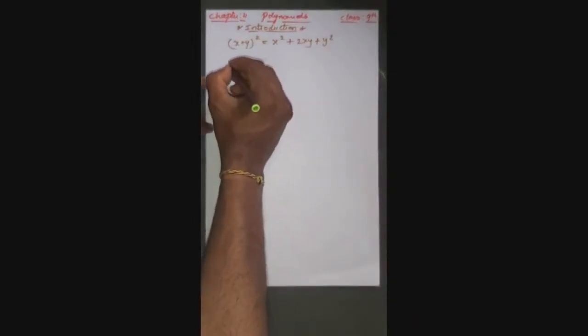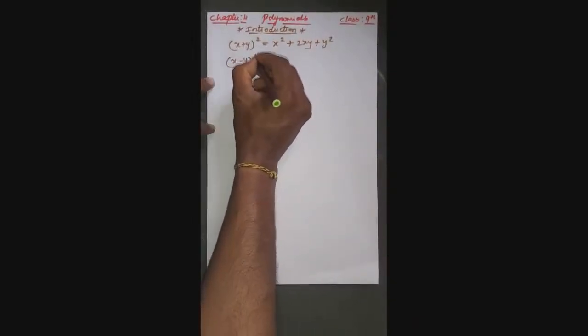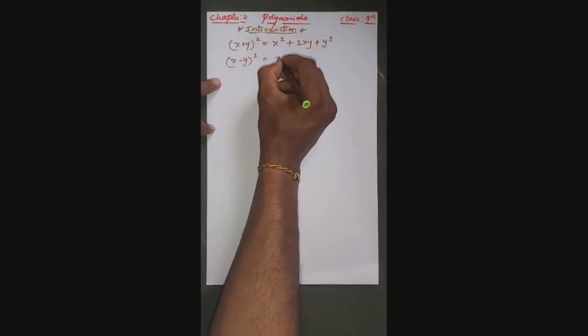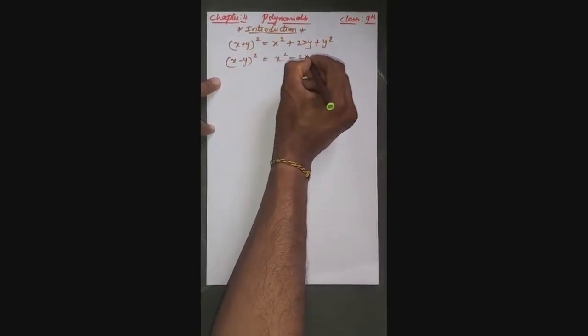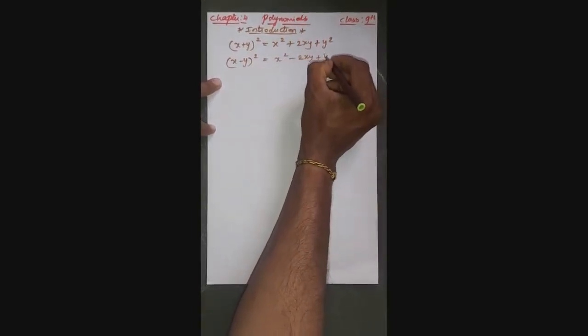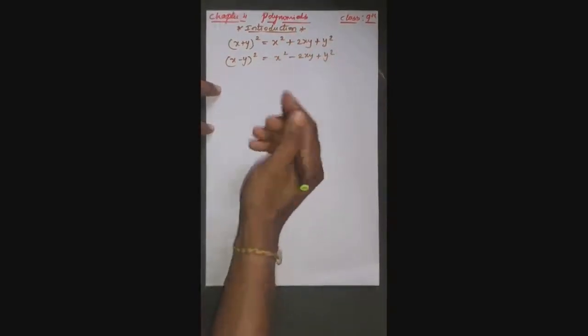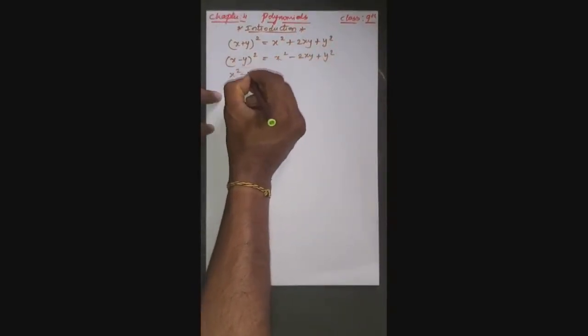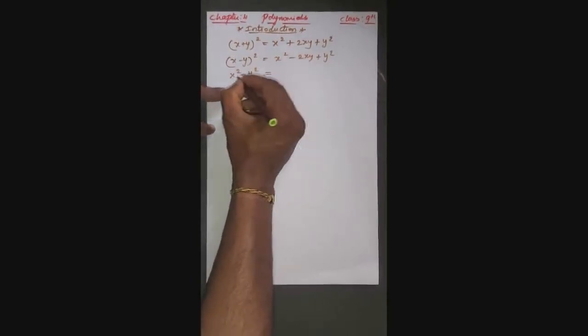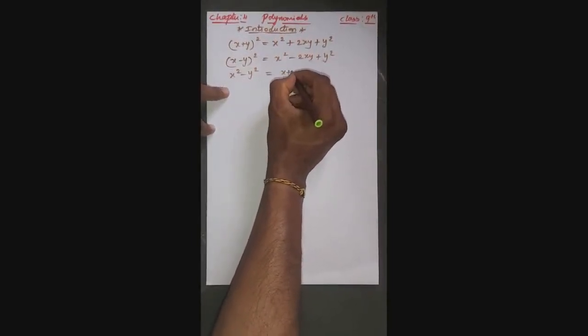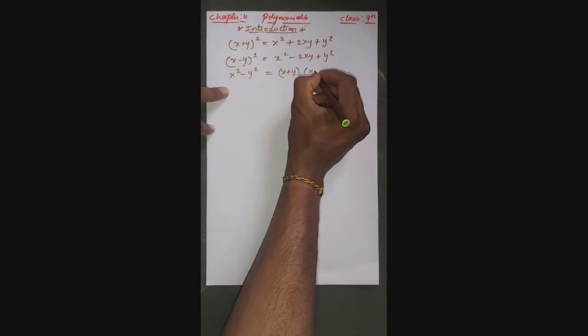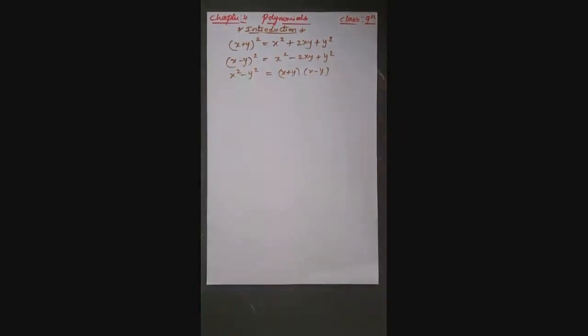And x minus y whole square is equal to x square minus 2xy plus y square. And one more factorization: x square minus y square is equal to x plus y into bracket x minus y, right?